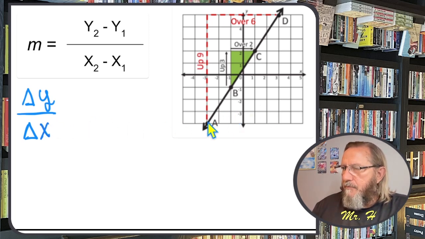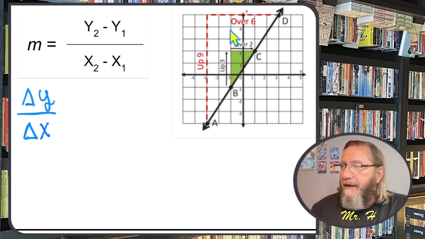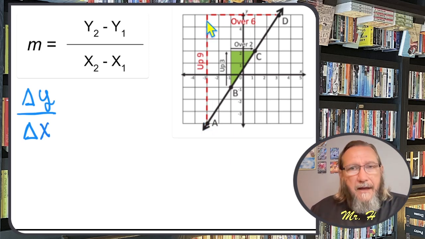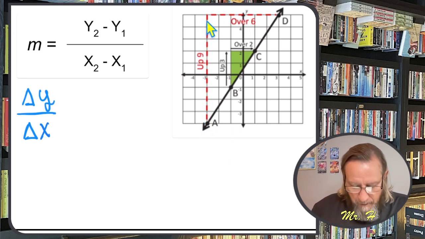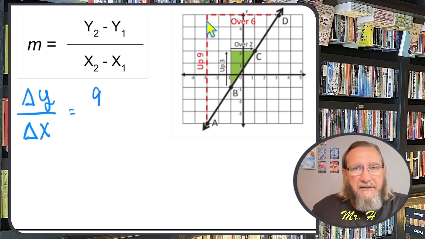Let's compare from point A to point D. What happens? It goes up 9. The y value goes from way down here at negative 4 to all the way up here at positive 5. And so that is an up 9 change, which means that is a positive number, positive 9.